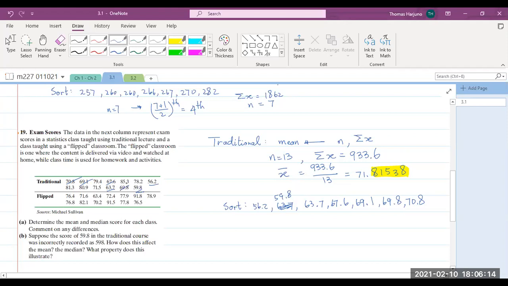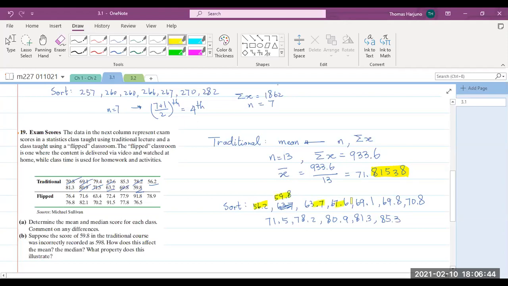And then I show you the standard way first. 70 and then 71.5 and then 78.2, 80.9, 81.3, 85.5, 85.3. Do I have 13 data here?